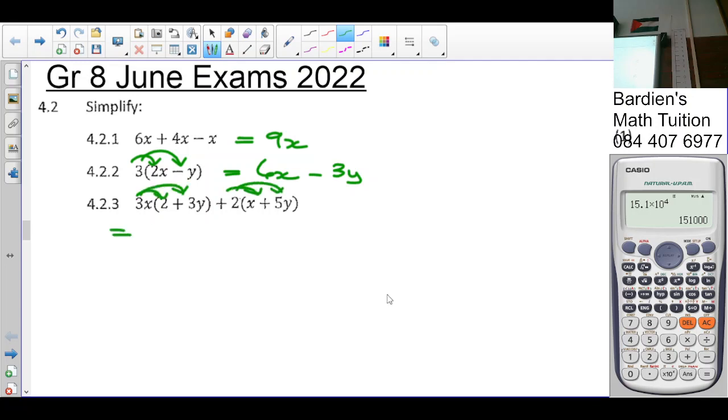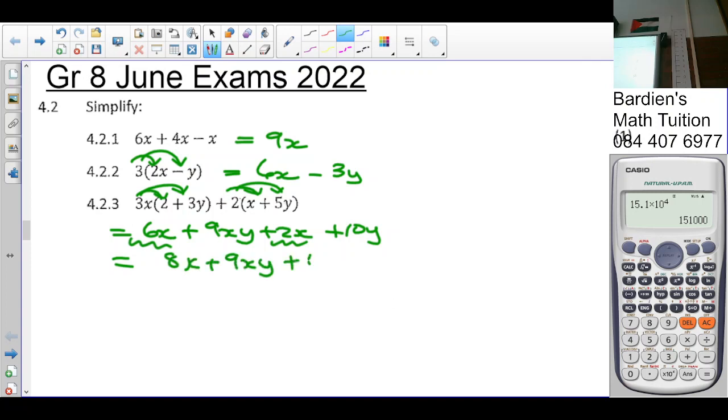So 3x times 2, 6x. 3x times 3y, 9xy. 2 times x, 2x. 2 times 5y, 10y. So now we're going to look for like terms. 6x plus 2x is 8x plus 9xy plus 10y. People, they are unlike terms, so you can't add the rest of them.